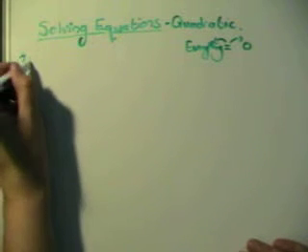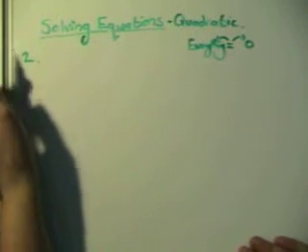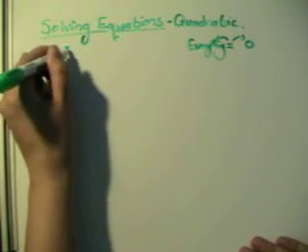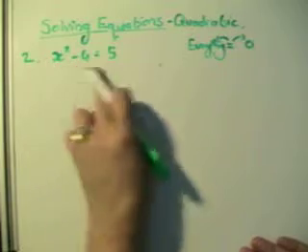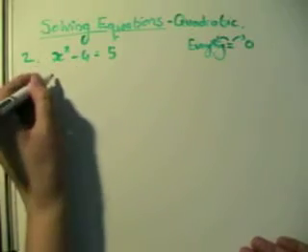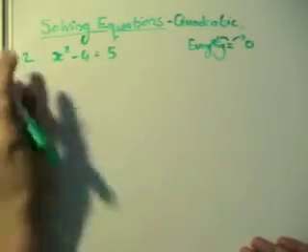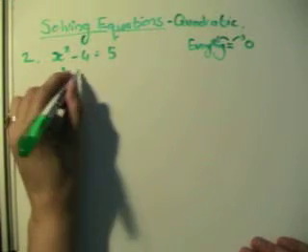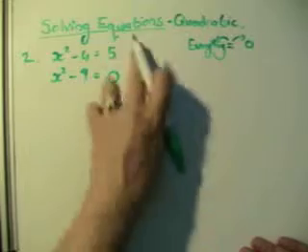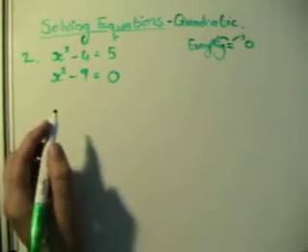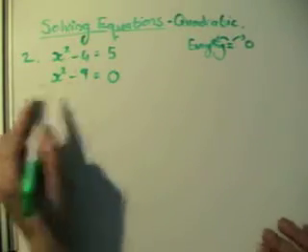And then let's look at another example. Say now I have, for instance, a true quadratic equation. Say for instance I have x squared minus 4 is equal to 5. I'm going to take everything to one side, so I have x squared minus 9, and then 0 on the other side, minus 4 minus 5. And then this I'm going to factorize.